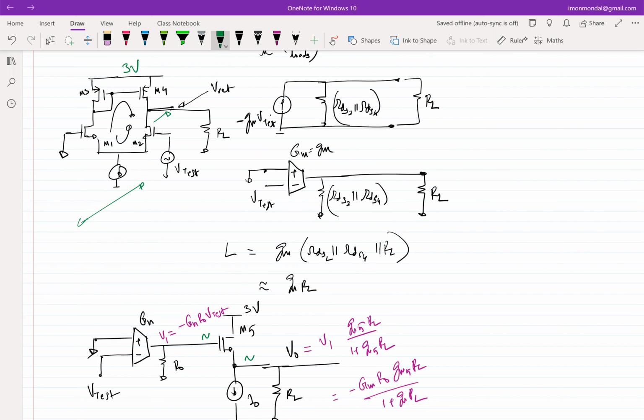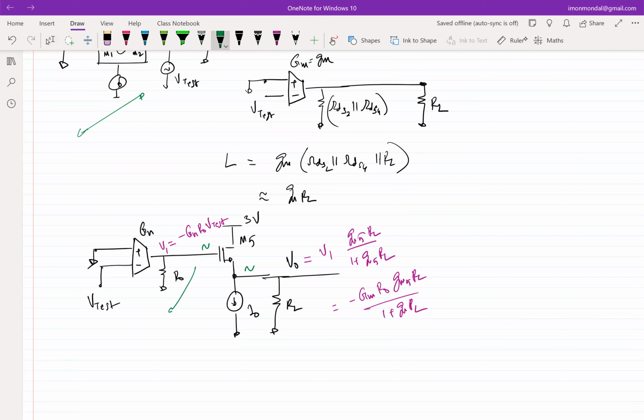M4 can go into triode because the VSD of the PMOS is getting crushed. Correct? So V1 max is 3 volt minus 1 overdrive of the PMOS transistor. So this max is 3 volt minus V overdrive of M4.